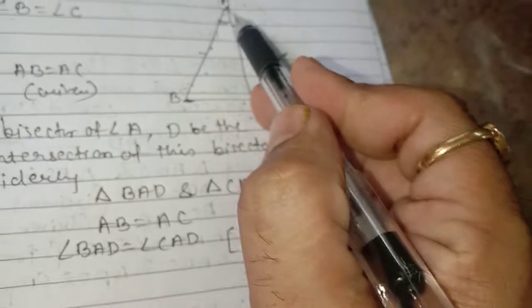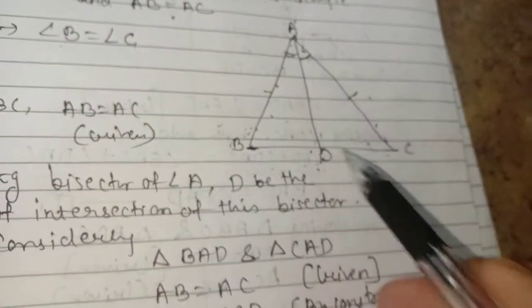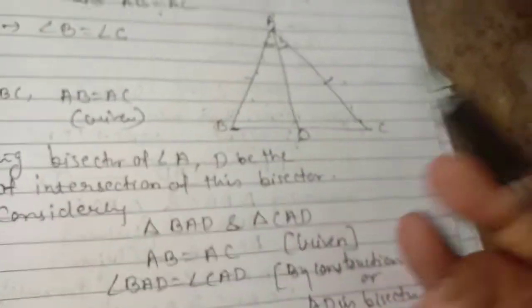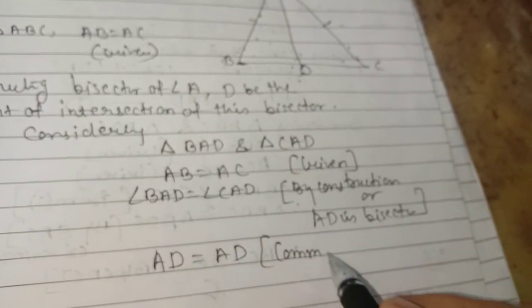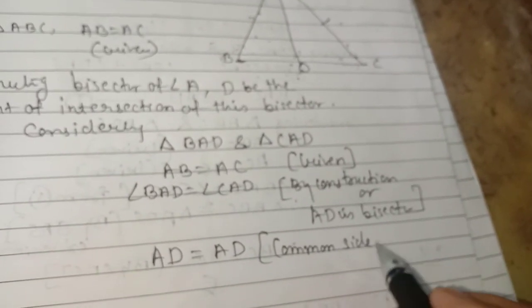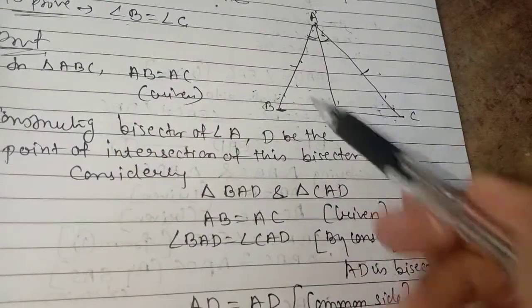Now AD is what? The common side for both the triangles. Both triangles BAD and CAD lie on AD. So AD is equal to AD. We will write here common side. So now we can prove the two triangles BAD and CAD congruent by which criteria?